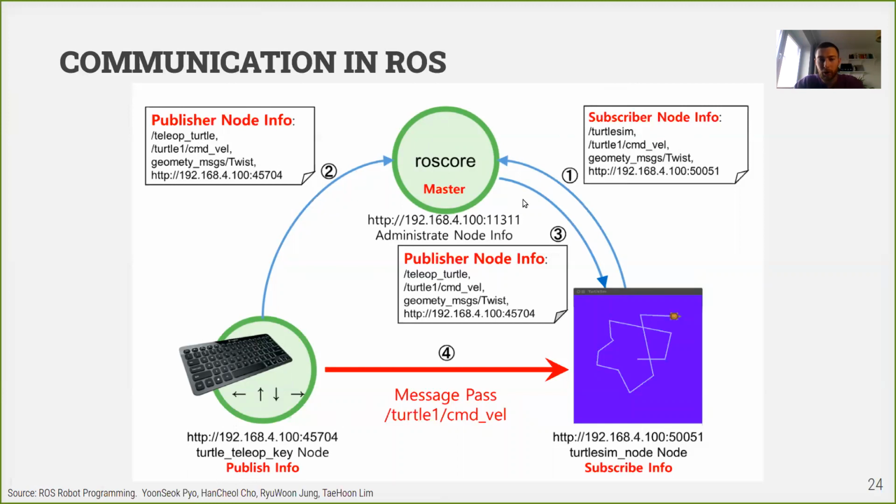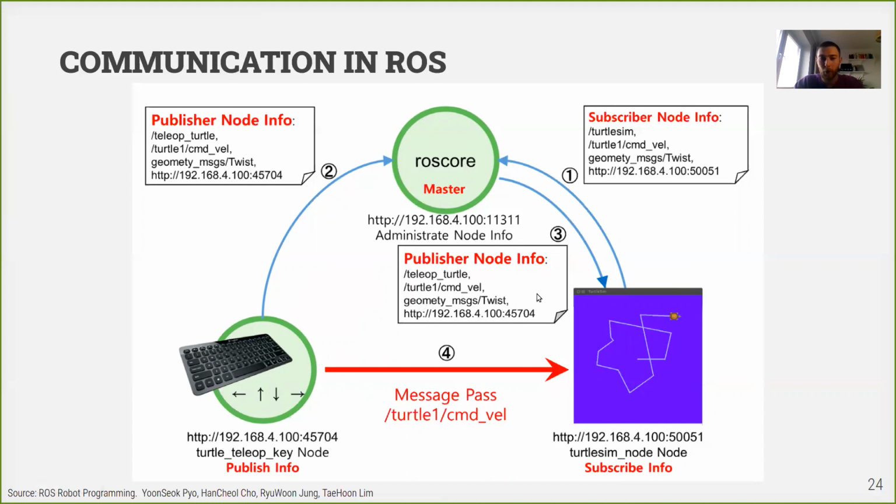And then ROS core tells the turtlesim node that now there is some other node which actually publishes this data. And to read them, this turtlesim node needs to access this address to read the data. And after this communication is established, ROS master is not doing anything anymore.